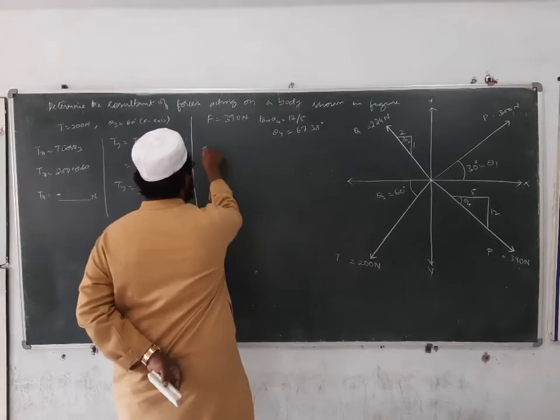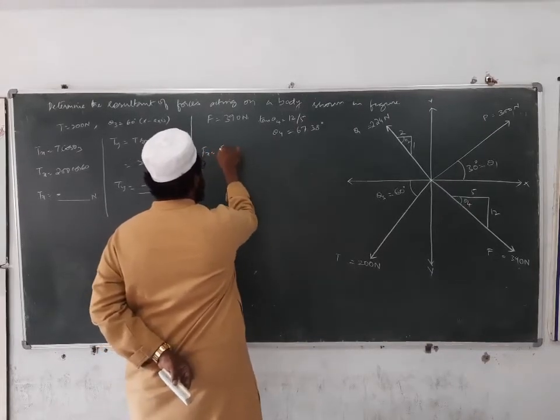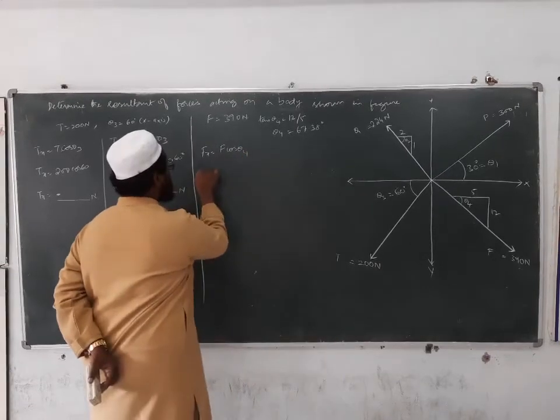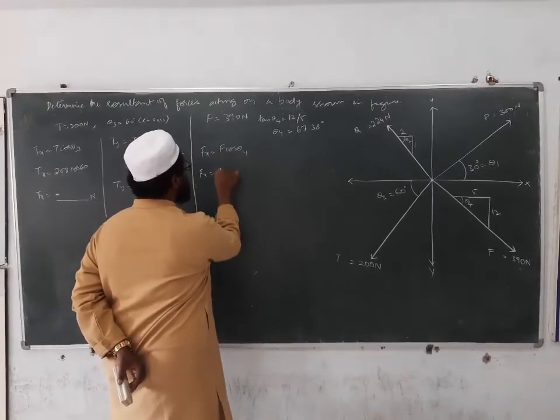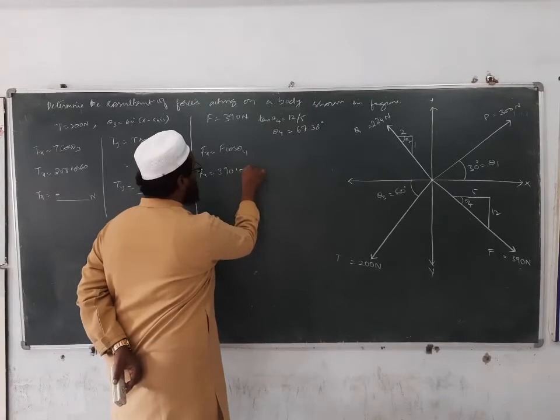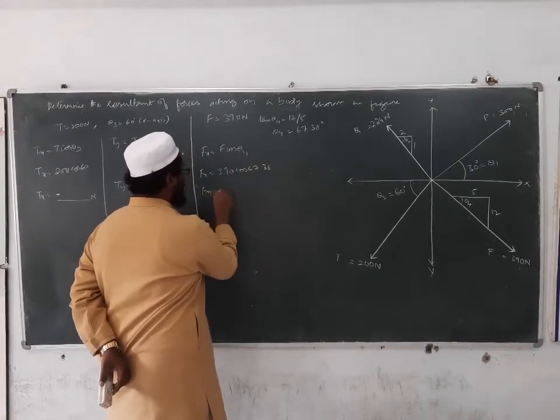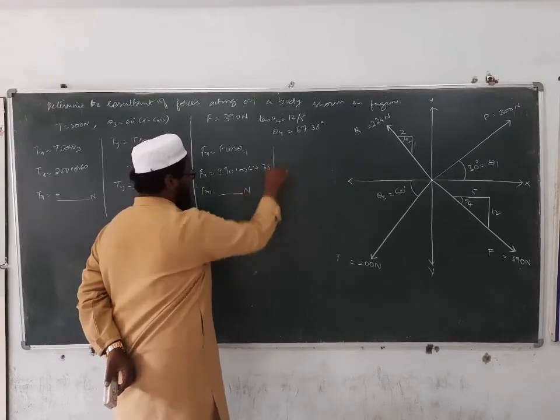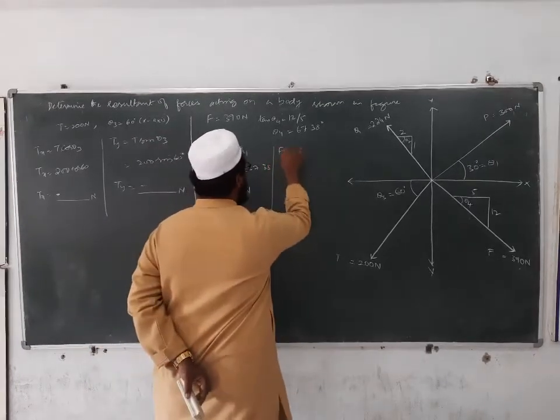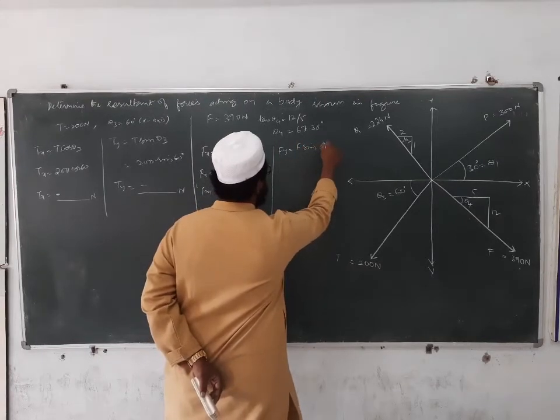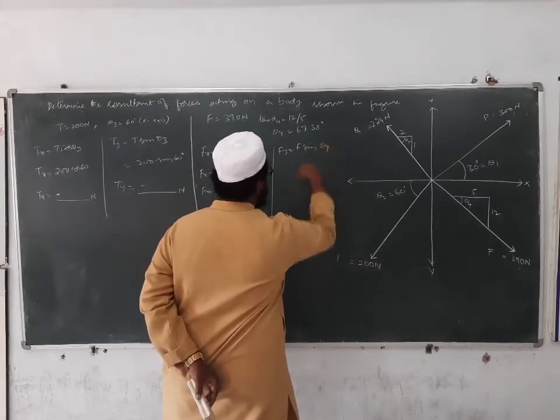So now Fx is equal to F cos theta 4, that is Fx is equal to 390 into cos 67.38. So Fx you will get with a positive sign, whereas Fy is equal to F sin theta 4.